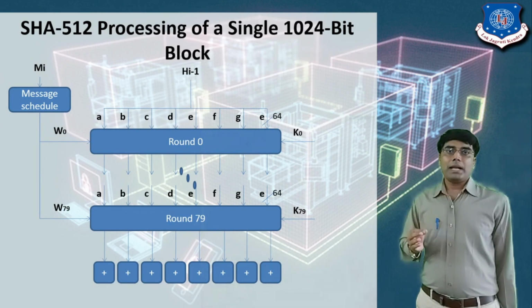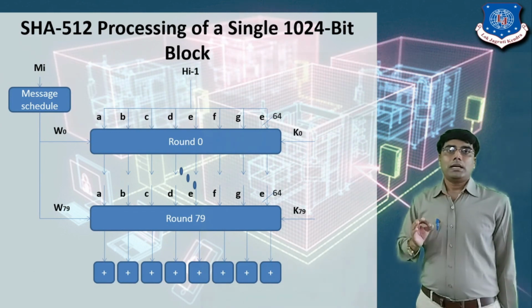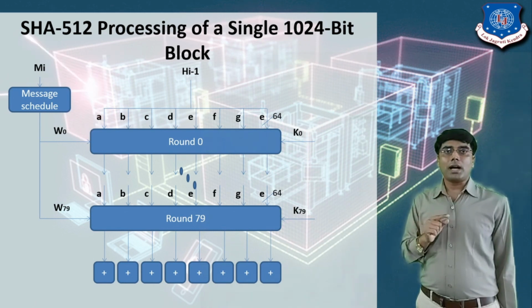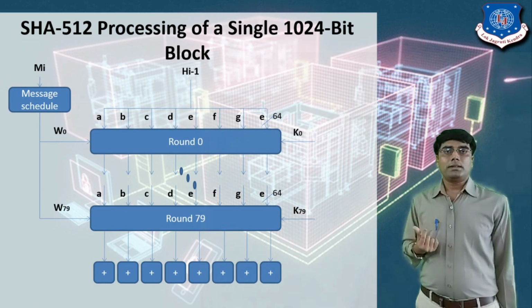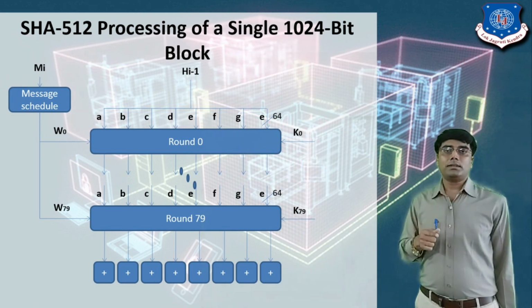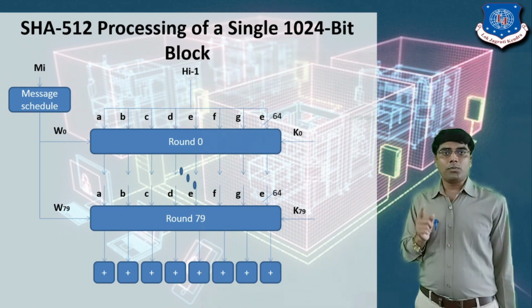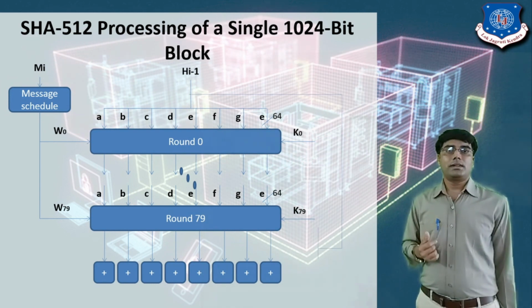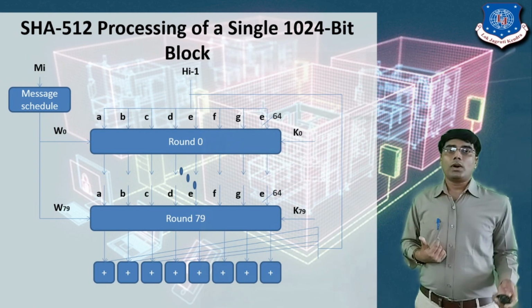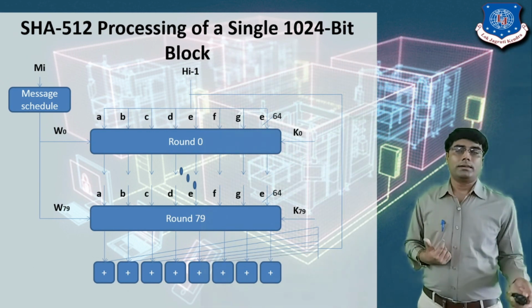After applying round 79, it generates the output, and on this output we apply the initialization vector and perform the addition on the output generated from round 79 and the initialization vector. It generates the hash code, and the size of the hash code is 512 bits. So I hope this idea is clear.